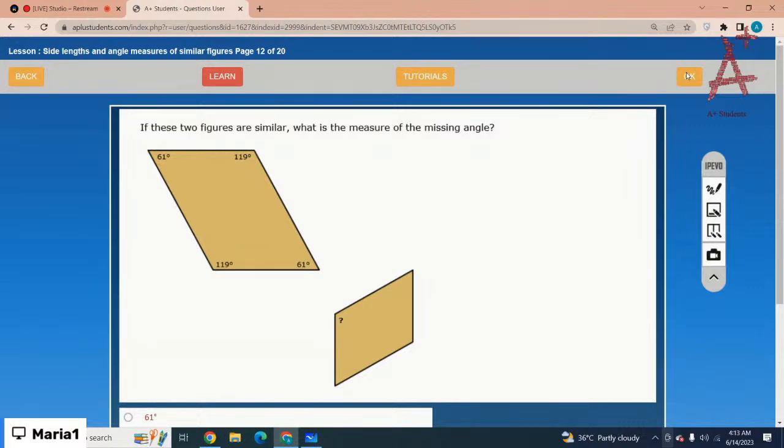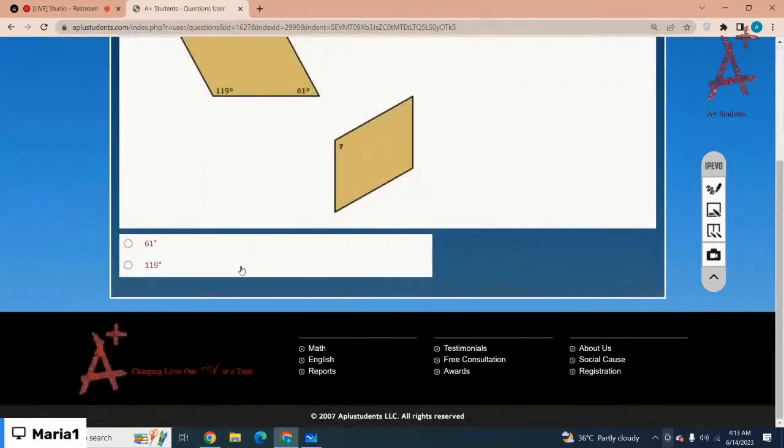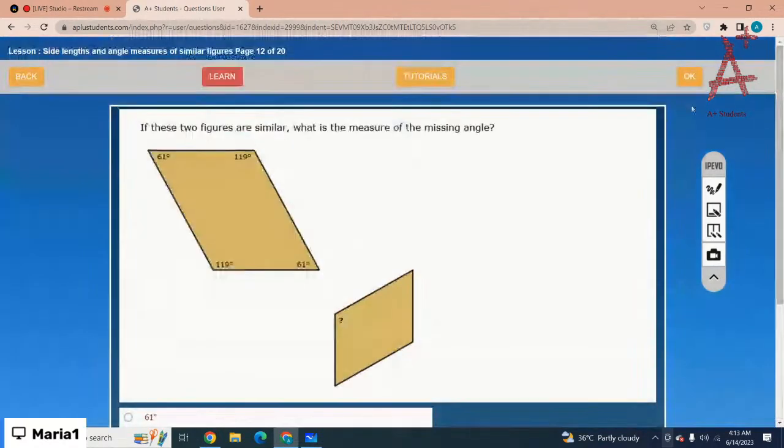Which is the missing angle? Very good. If you rotate this image, it would be 119 degrees. Got it? It would be similar to 119. The corresponding angle would be 119.